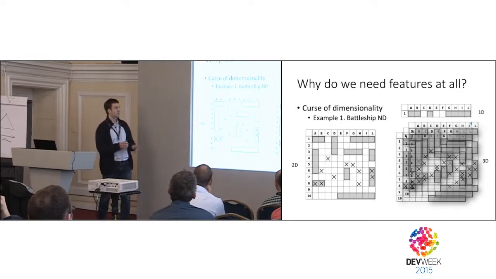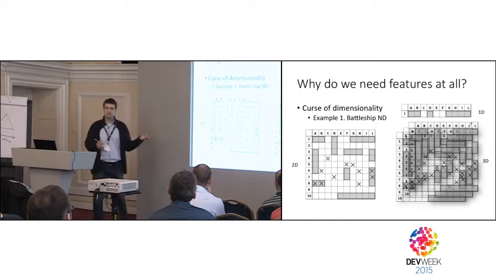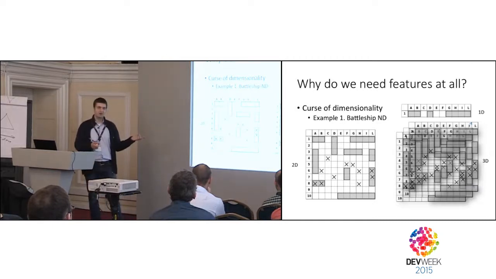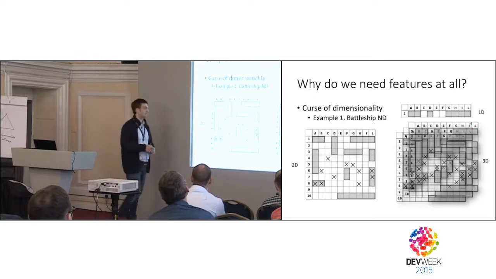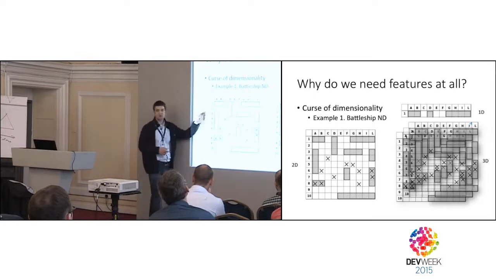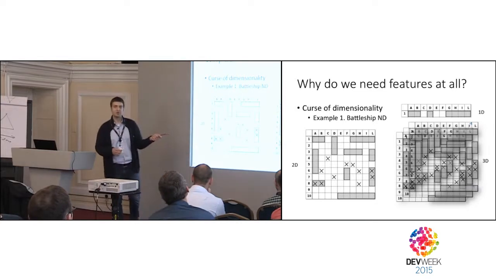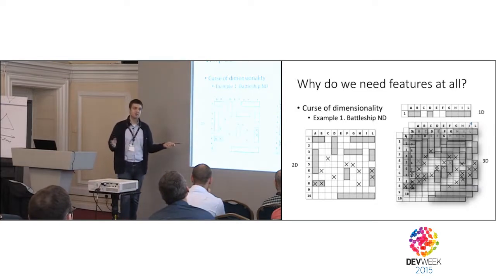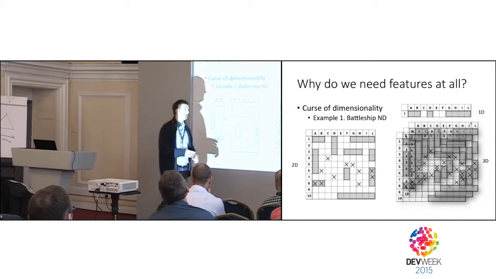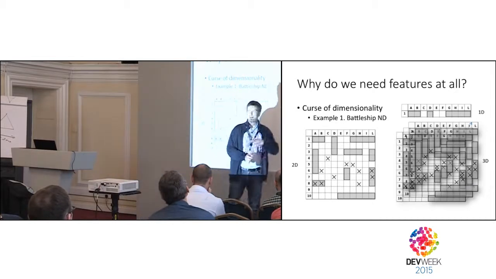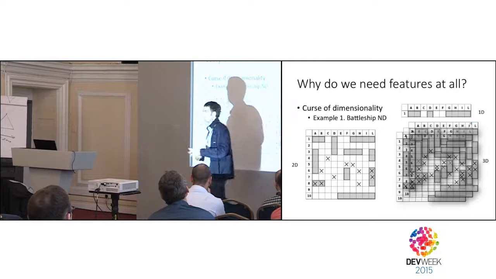Anybody can tell me what they think? So for example, if we have n dimensions, then the number of fires would be something like, try to think on that. Yes, so that would be 10 to the power of n, which, as you understand, grows extremely quickly. So for example, imagine that we have a feature space of 10 sensor measurements.